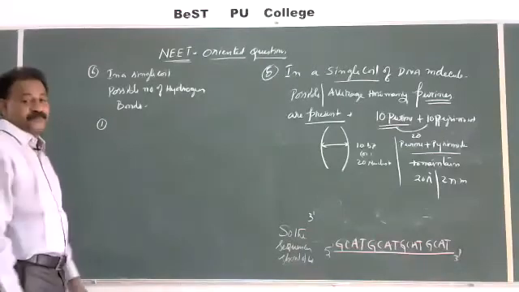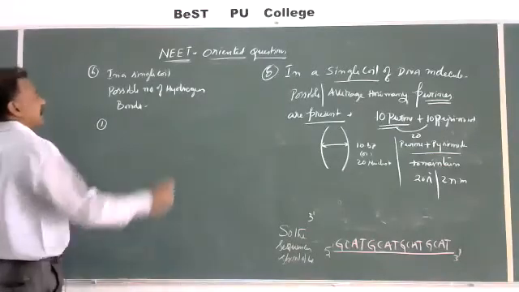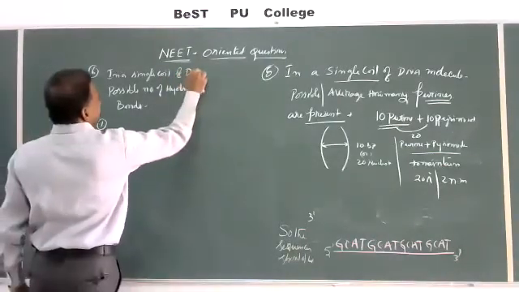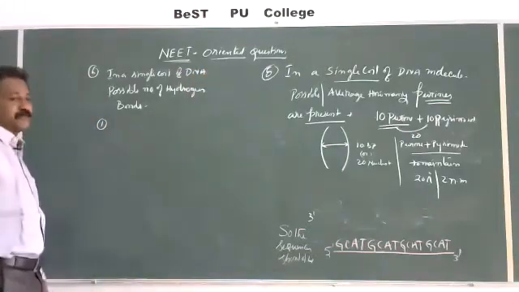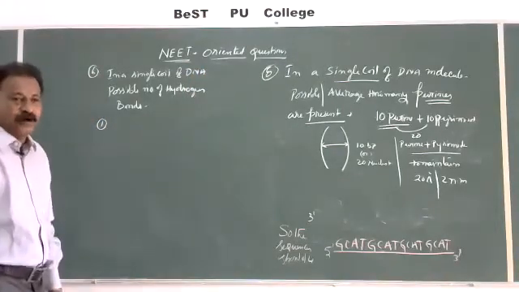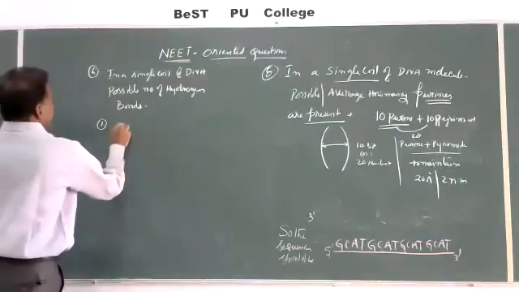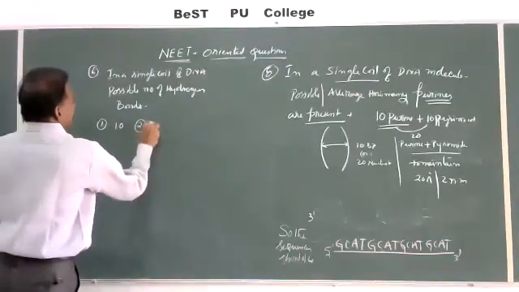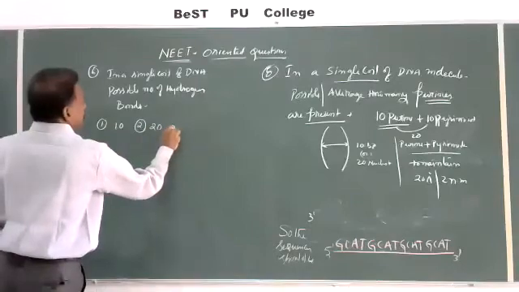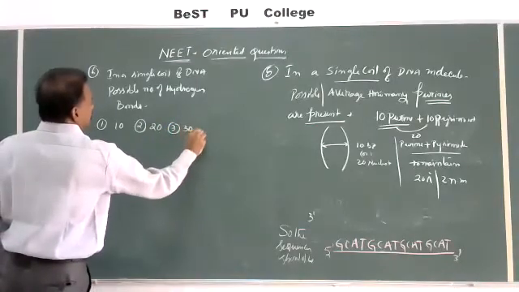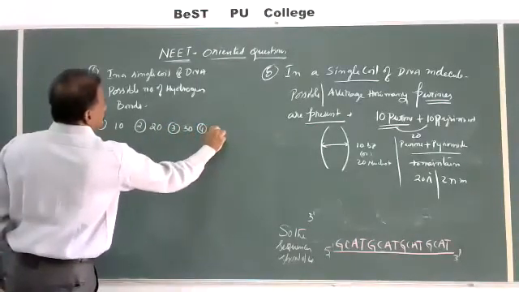I wish to see in a single coil of DNA the possible number of hydrogen bonds: 10, 20, 30, 25.